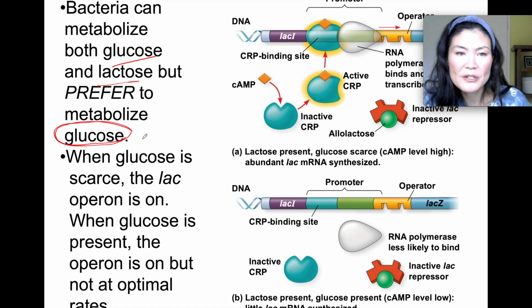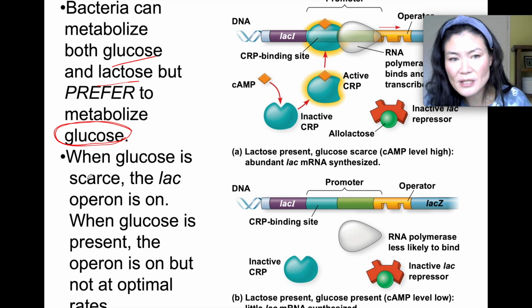And so the genes that help break down lactose will not be expressed as much, because if glucose is around, the bacteria will prefer it. So when glucose is scarce, meaning there's not a lot of glucose around, then the lac operon is on, and the bacteria will be utilizing lactose.